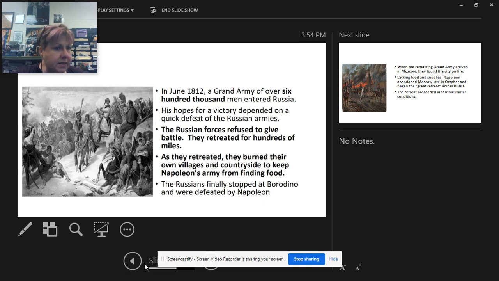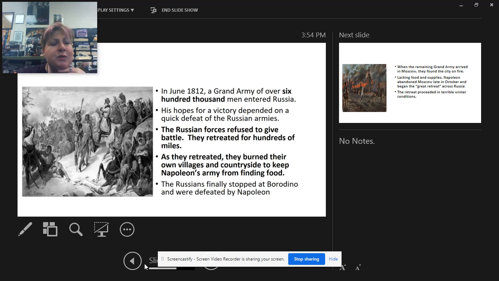And so listen to this. They're burning it so his people can't get it, but they're also burning it against their own people. So they're keeping Napoleon's army from finding food, but their own people aren't able to grow crops anymore or have food.